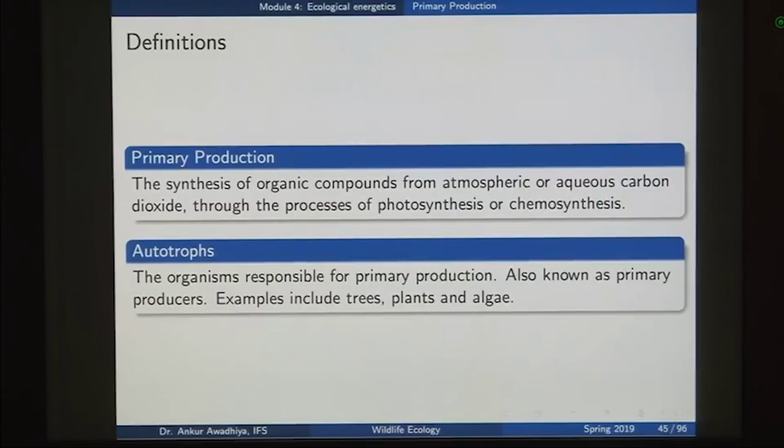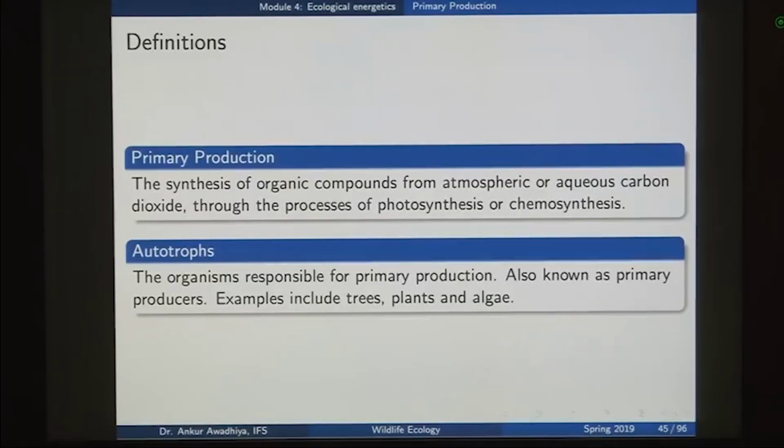They are not only required to make up the bodies of these organisms; when these organisms are eaten by other organisms, which we call consumers, these organic molecules move up in the food chain, and with them the energy that was fixed by the primary producers is also moved up in the food chain.